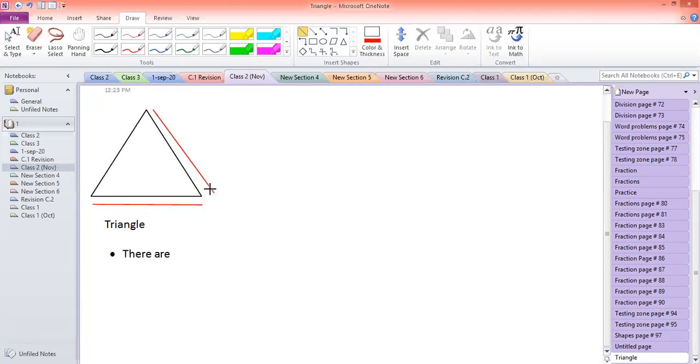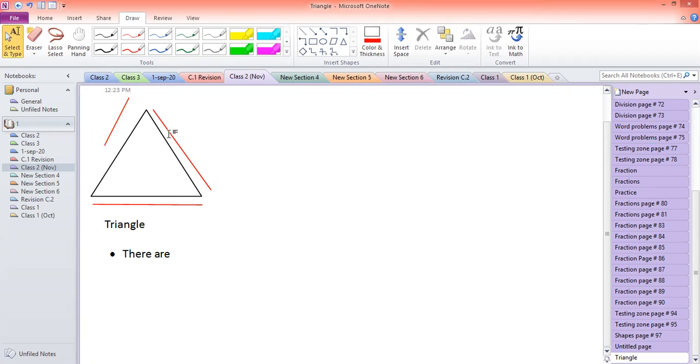This is side 2, and it also has one more side, and that is this one.